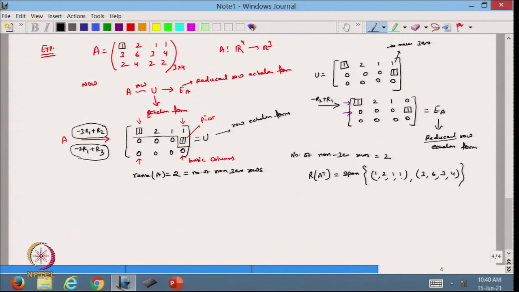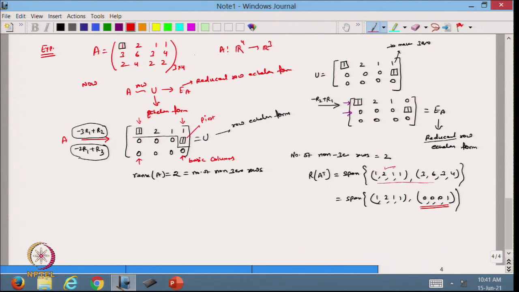Now, it is the span of this one, and from here I can also say that it is also spanned by 1 2 1 1 and 0 0 0 1. Because if you see from here, you will come to know that the last vector is coming from taking the linear combination of these two vectors.